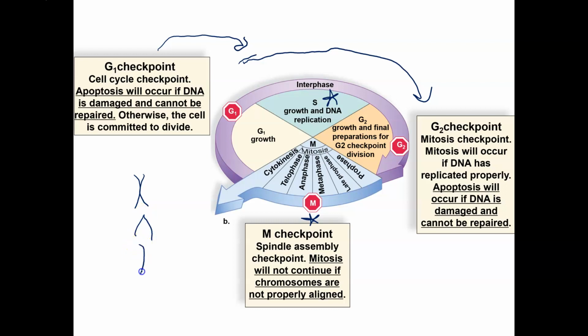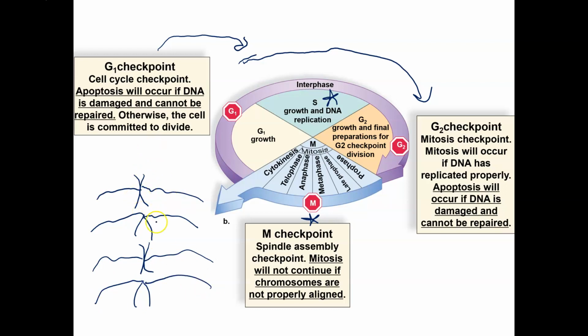Let's just say that these are the chromosomes that we have, right? We're going to have spindle fibers coming from both ends, and they have to attach to each chromosome so that they can then pull the chromosomes apart, and you can get one of each type of chromosome on each side.